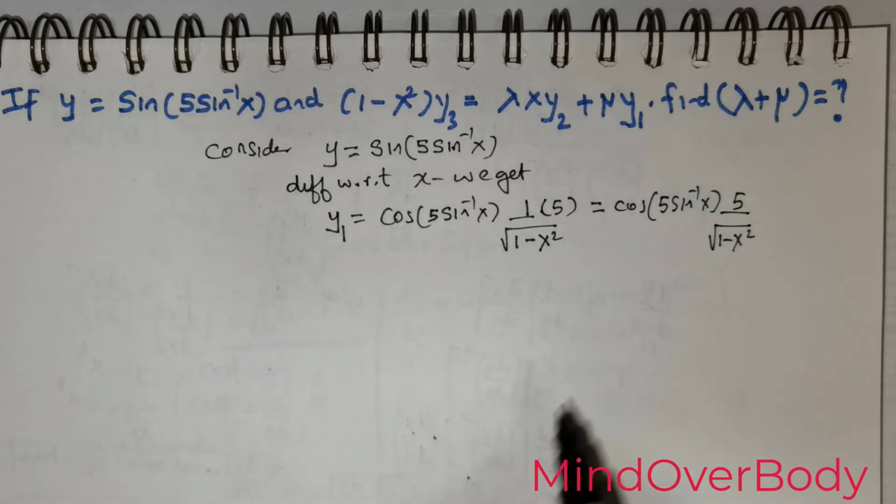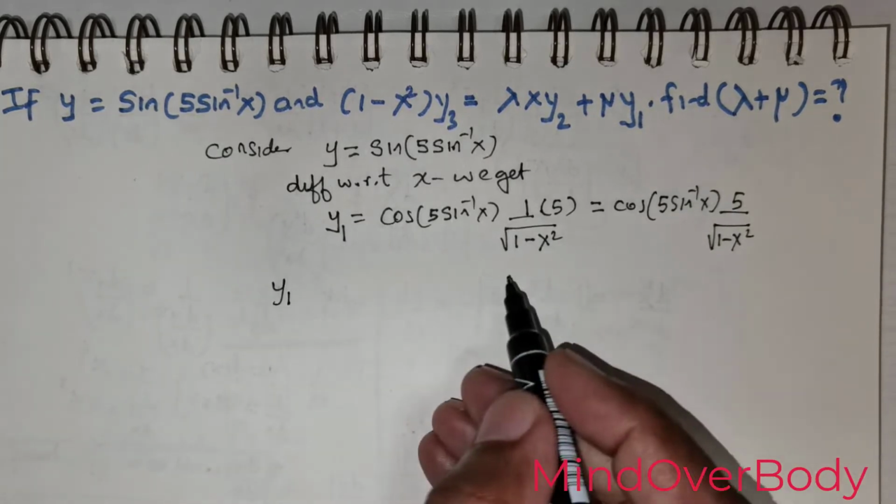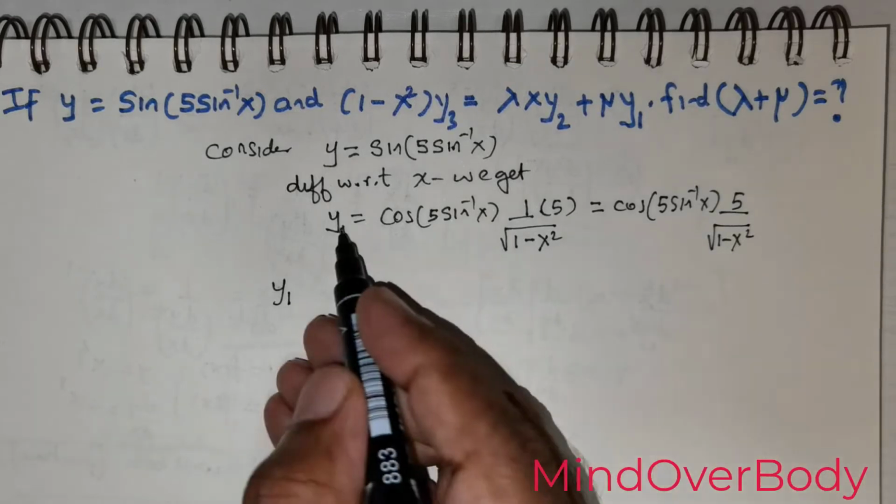Now I'm going to push this root of 1 − x² to the left.